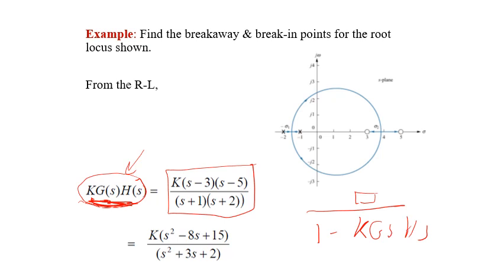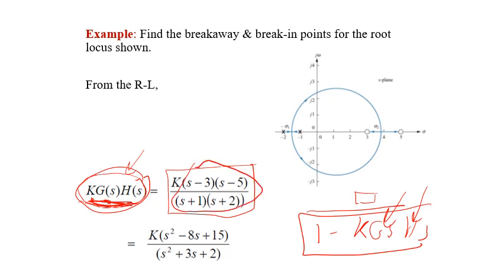That's what we used to find. So if I take the denominator, we are going to find that this part equals 1. Now, G(S) is given, H(S) is given, and G(S) times H(S) will be equal to this part.